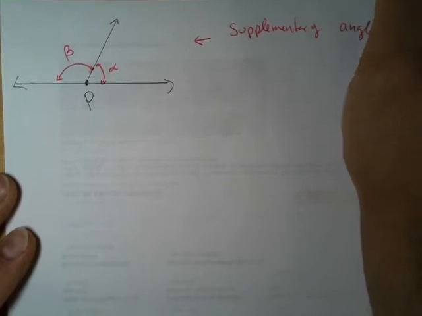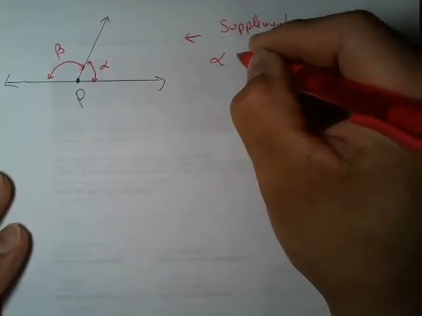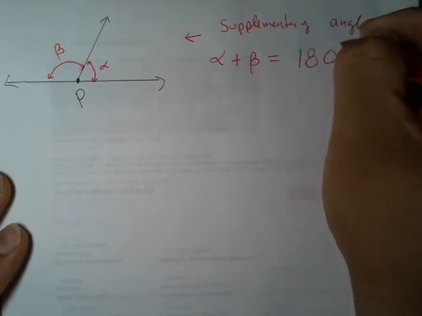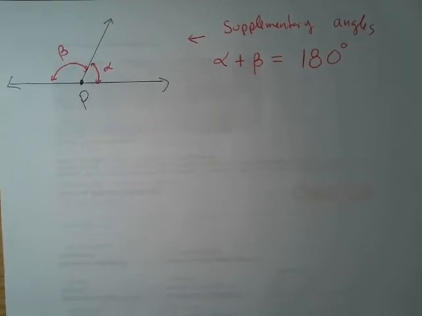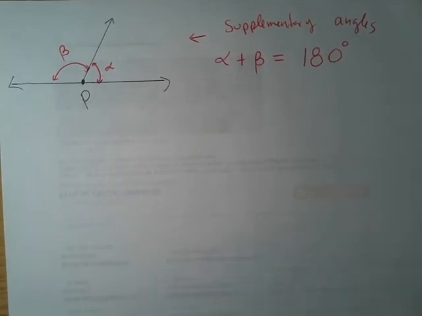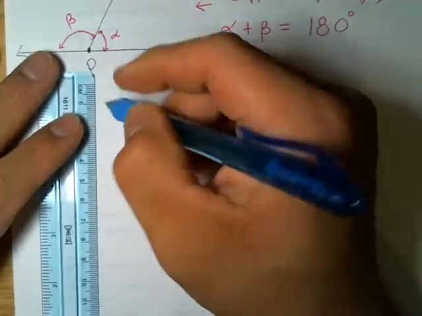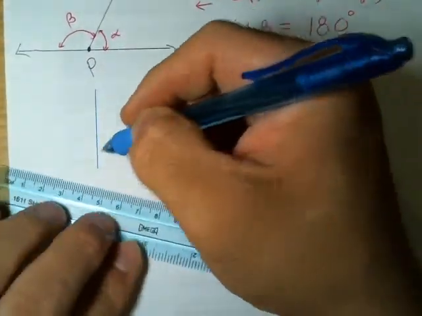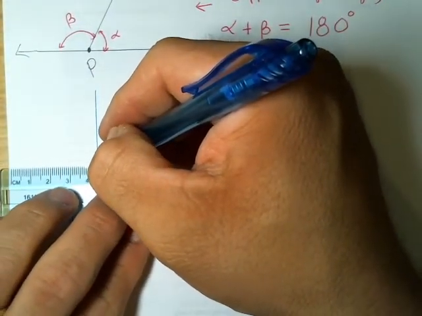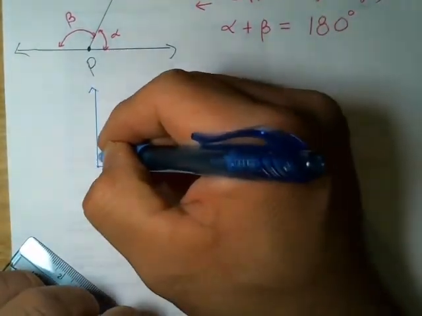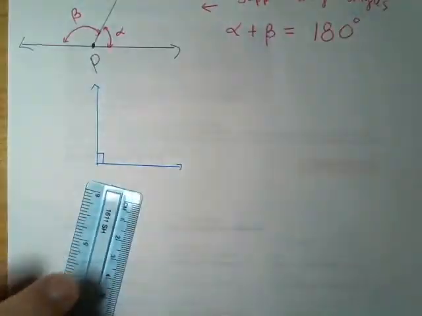The property that supplementary angles have is that when you add them together, they equal 180 degrees. Now, the other relationship we're going to establish is what is known as complementary. This one describes a relationship between two angles that sum up to a right angle. So let's say this was a right angle here.